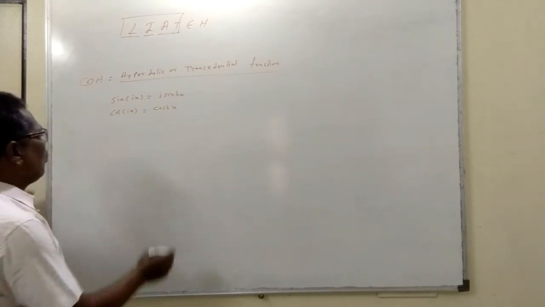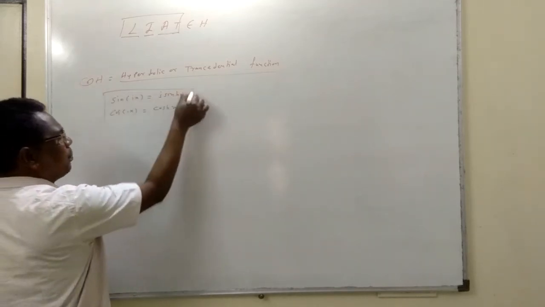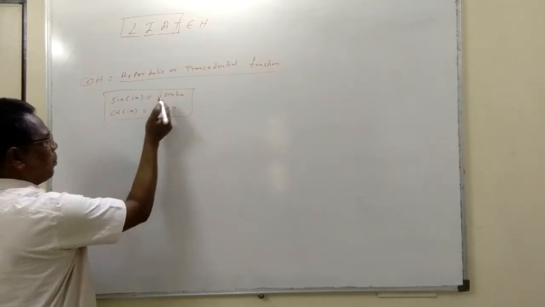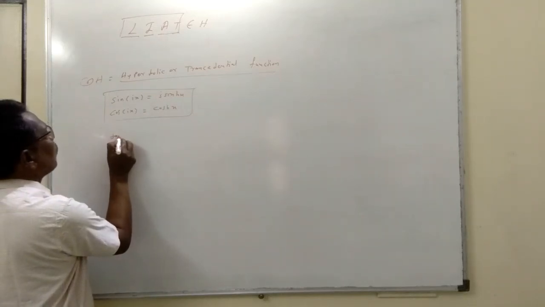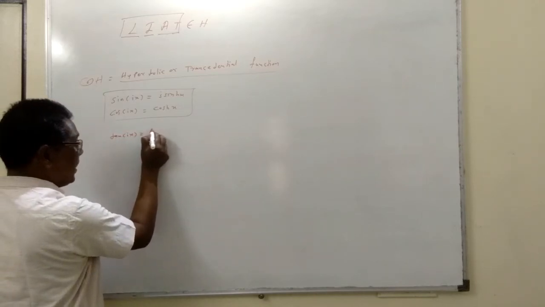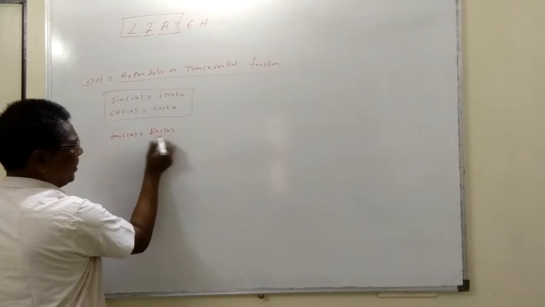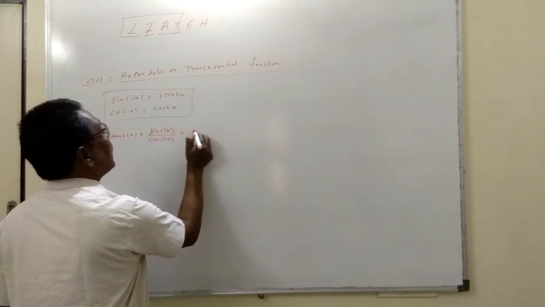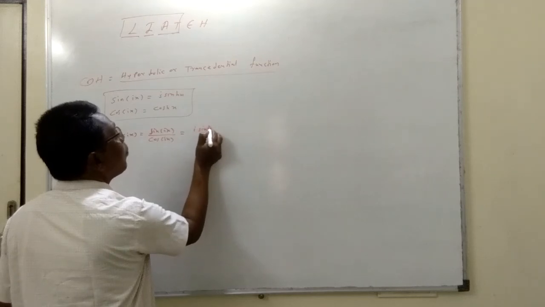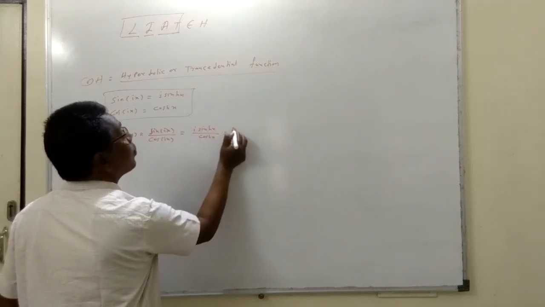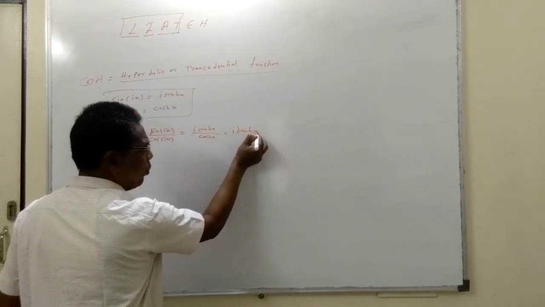Now these two you keep in mind. The remaining formulae you will obtain very easily by using these two. Suppose we want to find tan ix. Tan means sin ix upon cos ix. We know sin ix is i sinh x divided by cosh x, so i tanh x.